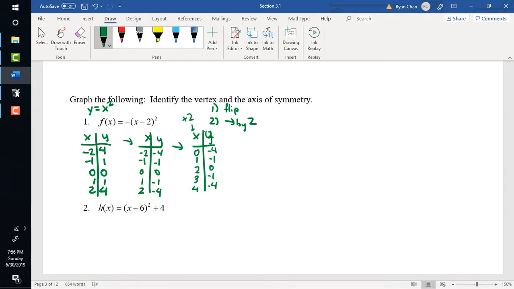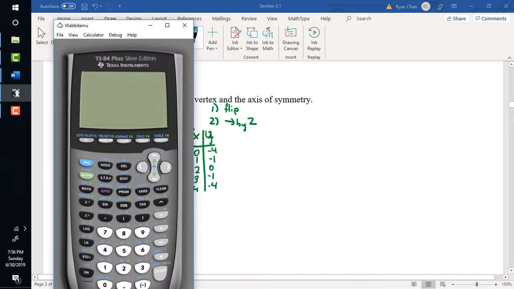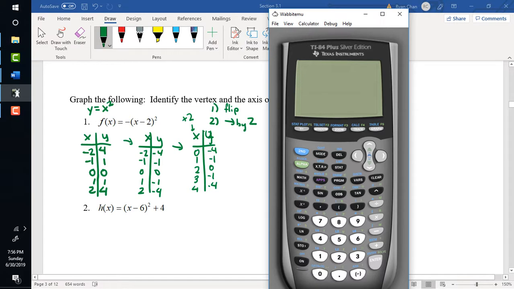So we can graph this and see if it matches. Okay, definitely matches. If I look at my table, yep, that looks pretty good right there.